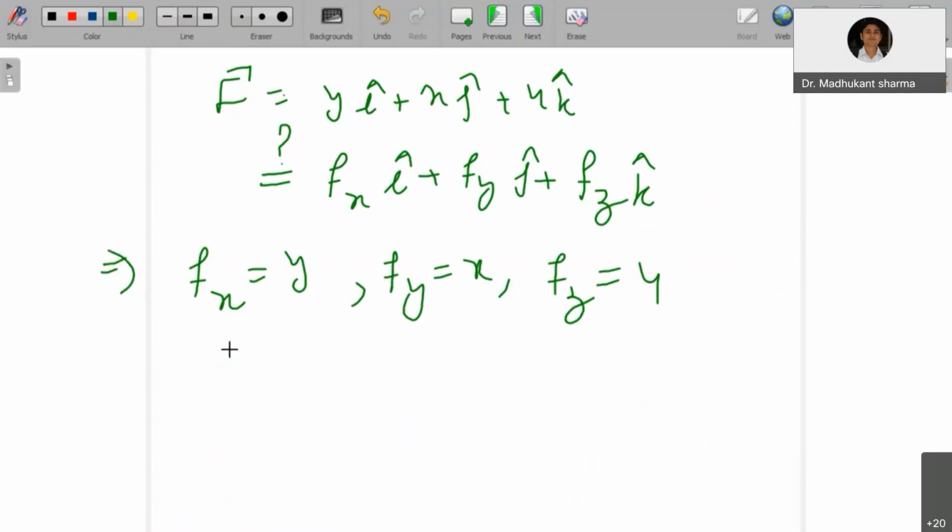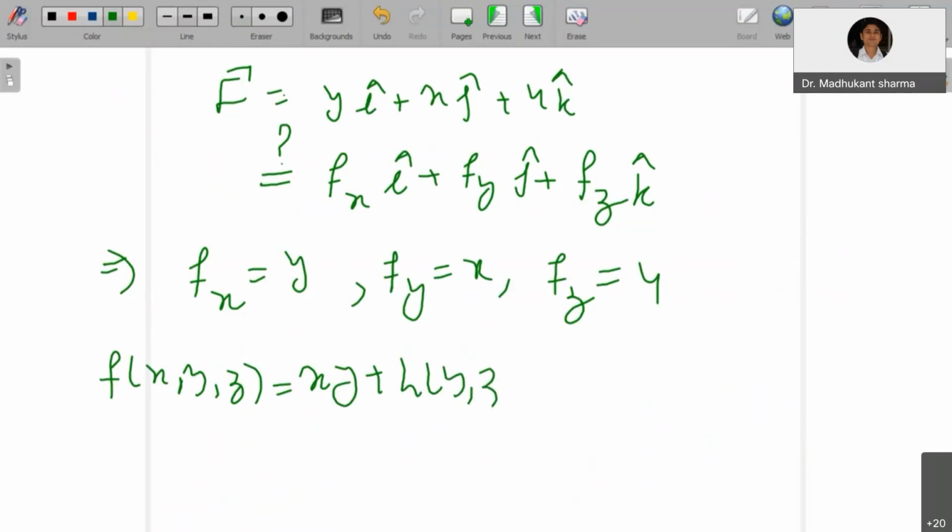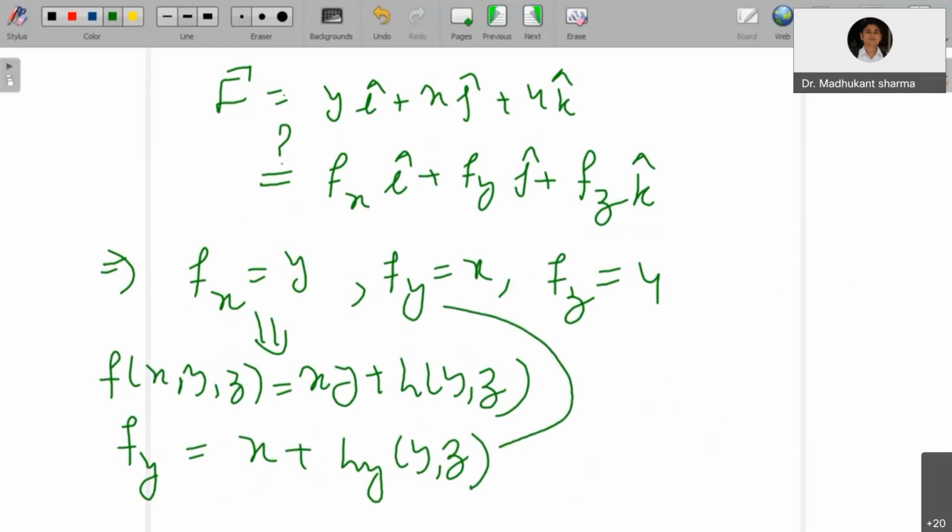Now, integrate partially with respect to x. From the first equation, f of x comma y comma z is equal to x into y plus h of y comma z. Now, differentiating partially with respect to y will lead to x plus hy of y comma z. From the second equation, this equals x.